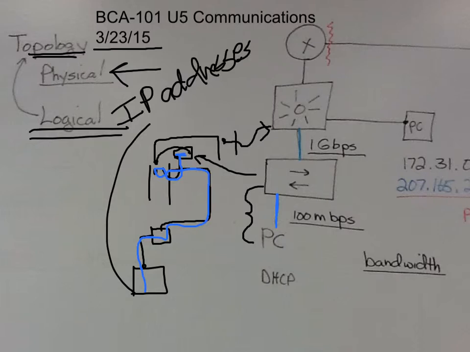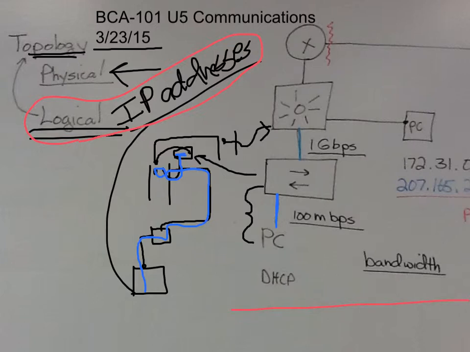We've been leaving those out because we just haven't learned much about them up until this point. Okay? So that's the difference between a physical topology and a logical topology, which is more what this is right here. This is the start of a logical topology.